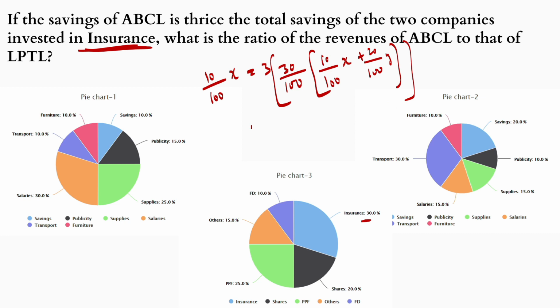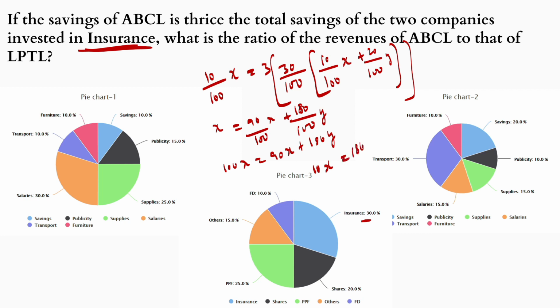Now just the calculation part is remaining. So 10 by 100 x will be equal to 90 by 100 x plus 180 by 100 y, and 10x is equal to 90x plus 180y. Rather, 10x is equal to 180y, and x by y is equal to 18 by 1.